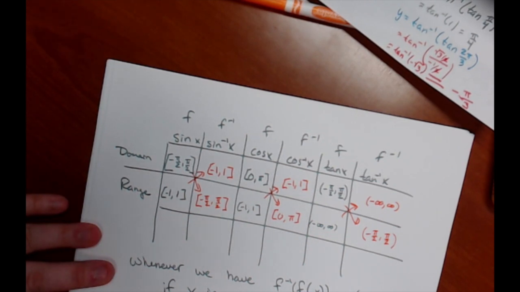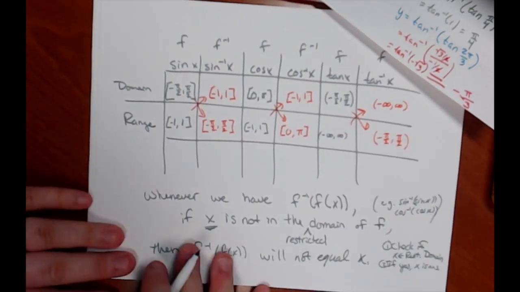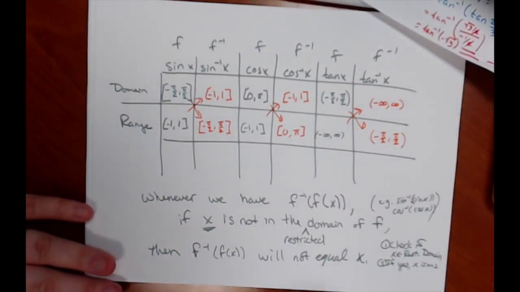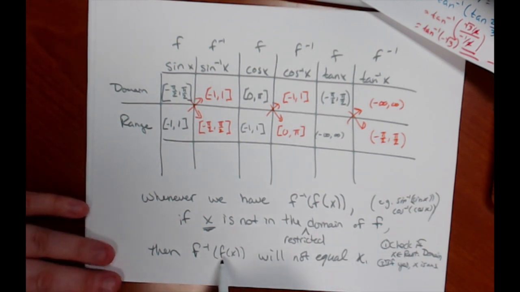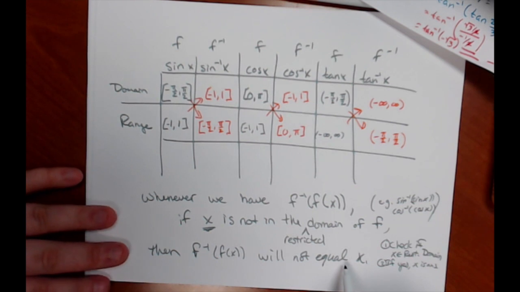If yes, x is the answer. Oh, and you can't see. Sorry, I wrote up quite a bit of that. So whenever we have f inverse f of x, for example, sine inverse of sine or cosine inverse of cosine, if x is not in the restricted domain of f, then f inverse of f of x won't equal x.